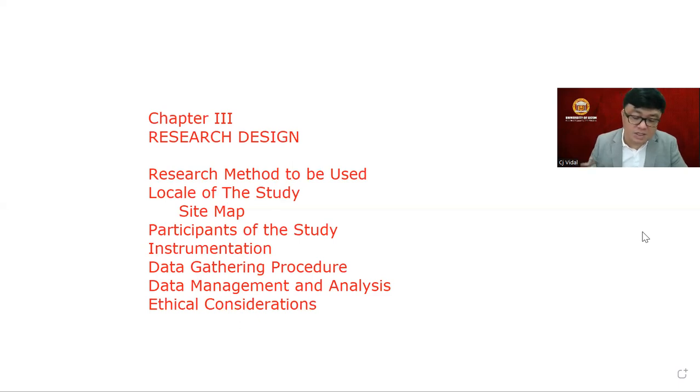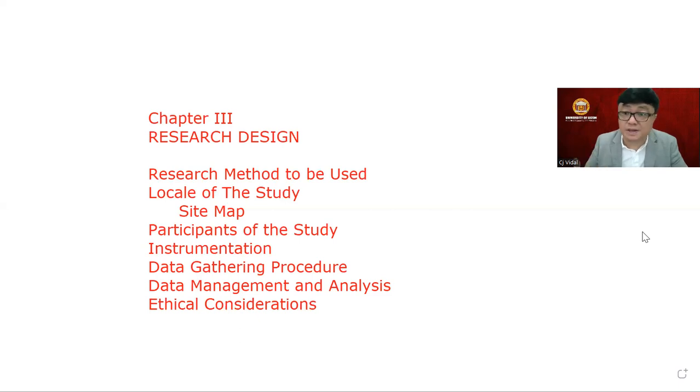So it is done by providing sufficient contextual information about the field work that you will do, and enabling your readers to make connections to their own context.